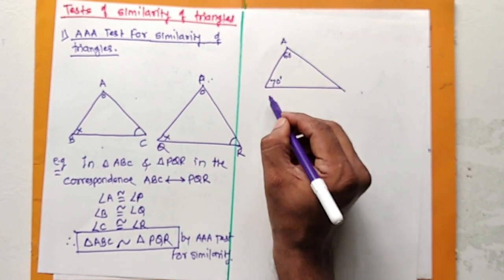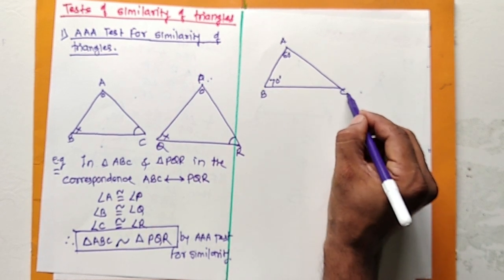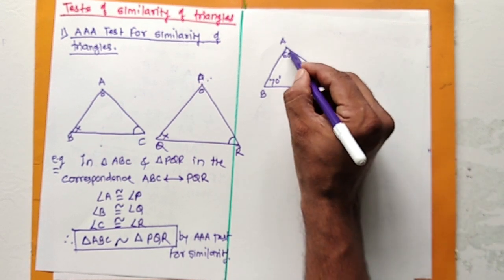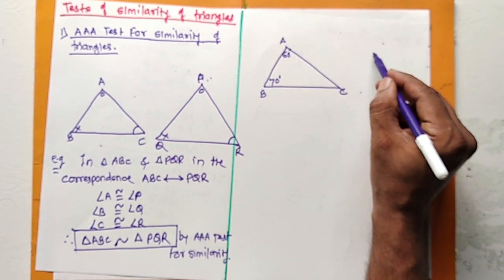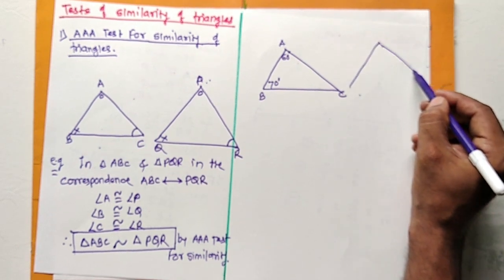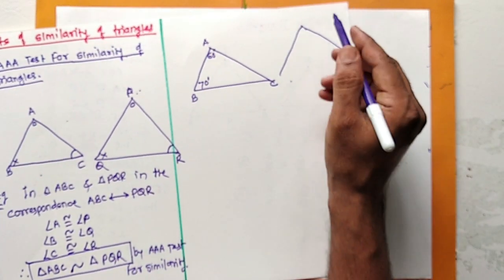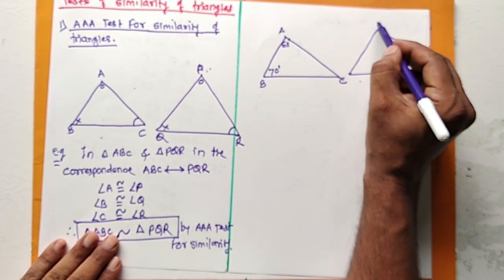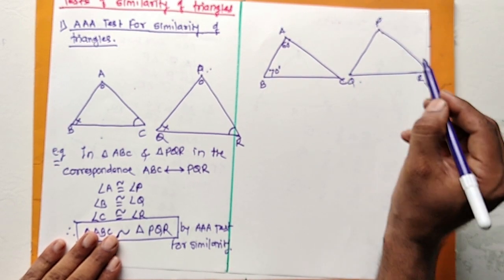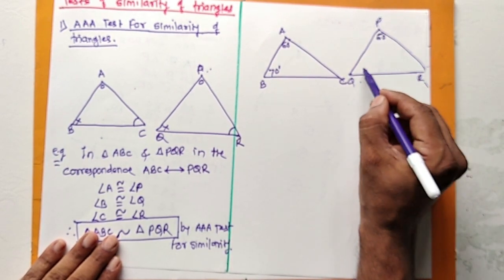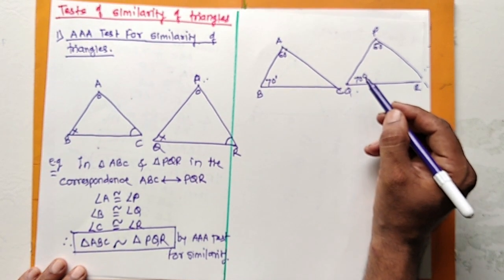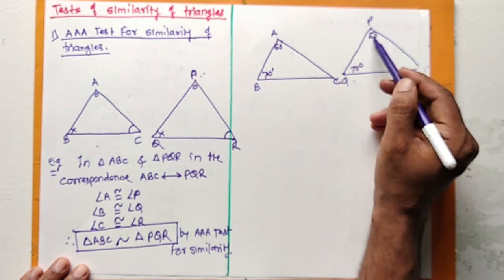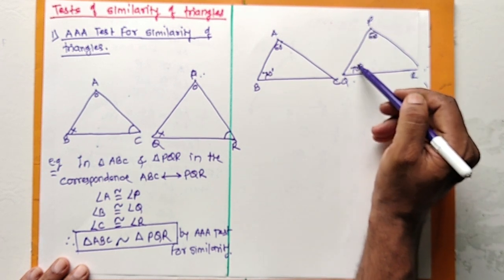Suppose the measure of two angles of triangle ABC is given as 60 degrees and 70 degrees. Similarly, the measures of the two angles of triangle PQR are 60 degrees and 70 degrees. This means two angles of one triangle are congruent with the two corresponding angles of the other triangle.